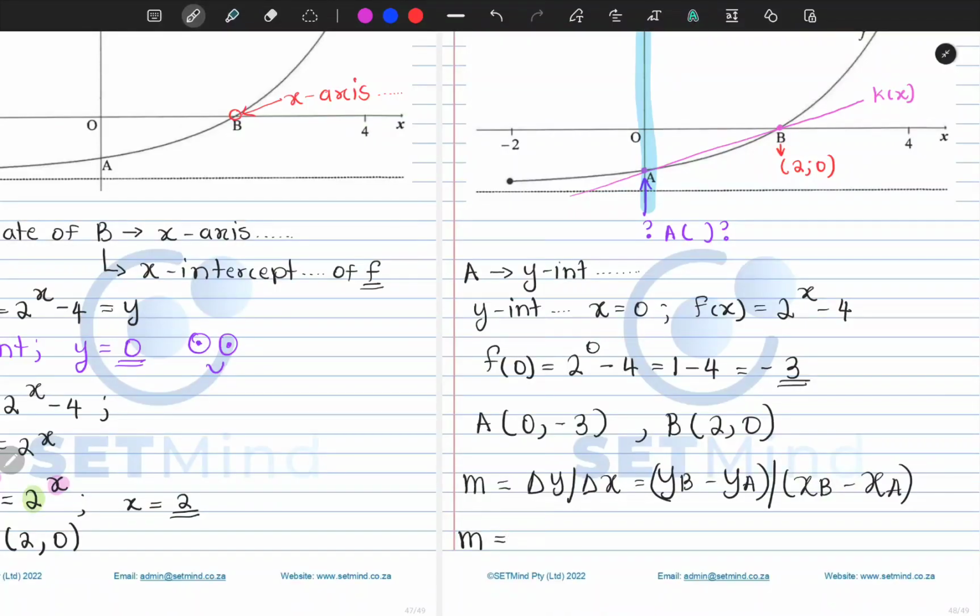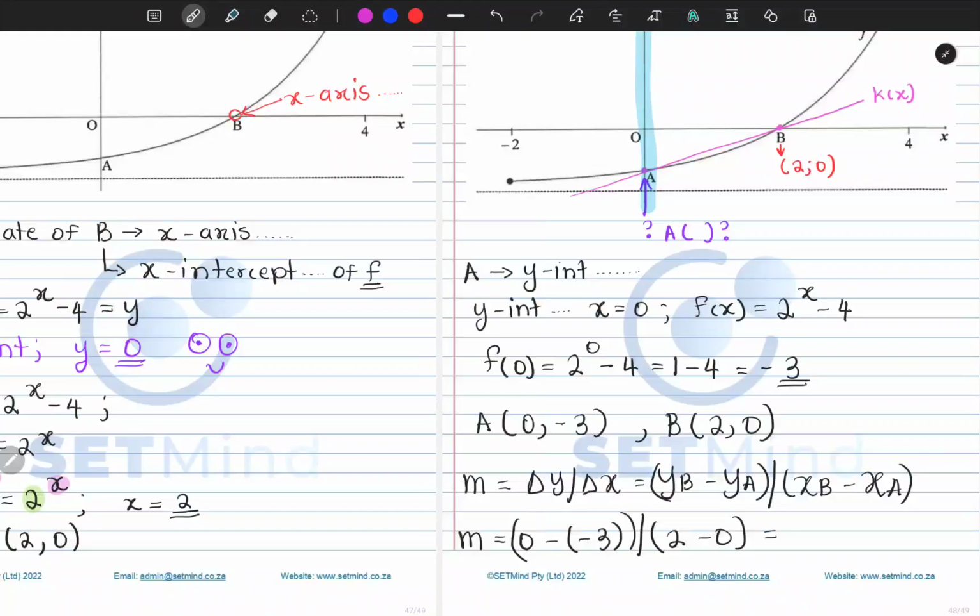So our gradient is going to be the y of b, which is 0, minus the y of a, which is negative 3. All of these should be divided by the x of b, which is 2, minus the x of a, which is 0.